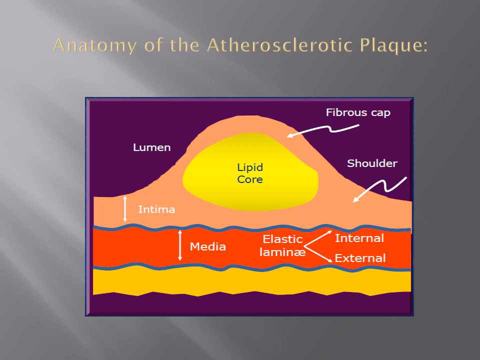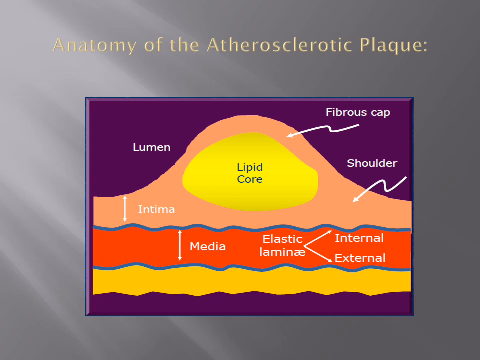Number 1, fibrous cap formed of dense collagen bundles. Number 2, central lipid core formed of oxidized LDL, and the shoulder region, or the region at the junction between the fibrous cap and the normal endothelium. Accordingly, the atheromatous plaques are 2 types: stable plaques with thick fibrous cap, small lipid core, and intact strong shoulder.